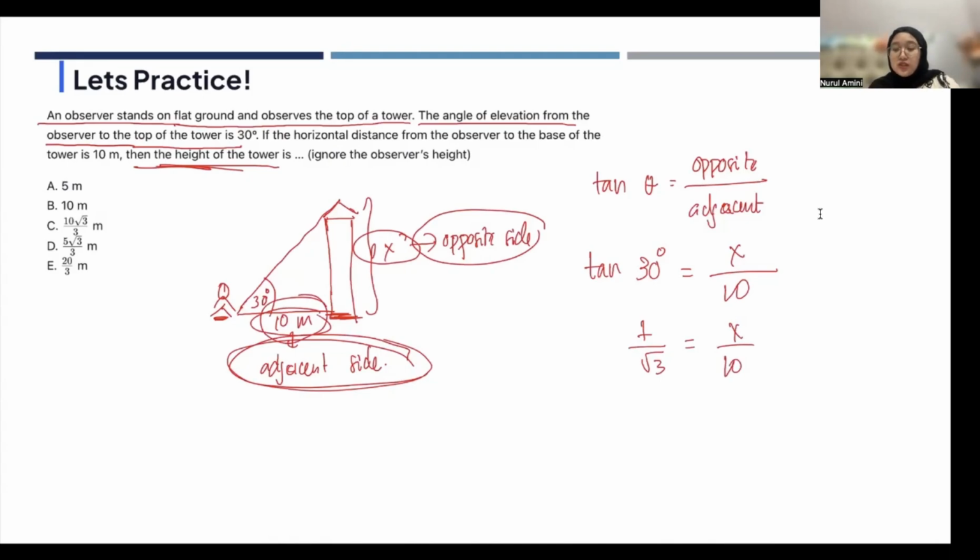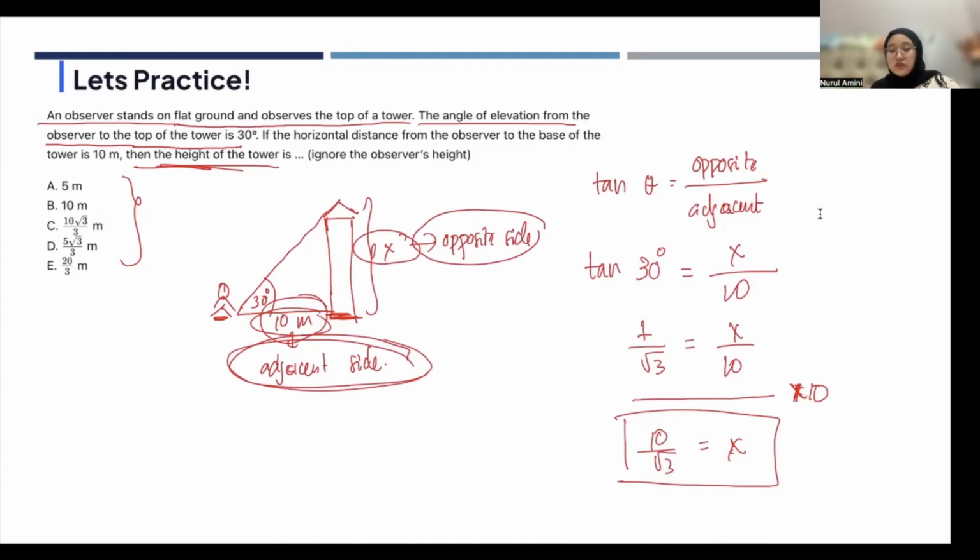We will multiply both sides by 10. So we find 10 over root of 3 equals x. So x, the opposite side, or the height of the tower, is 10 over root of 3. But when we look at the options, we don't have this answer.